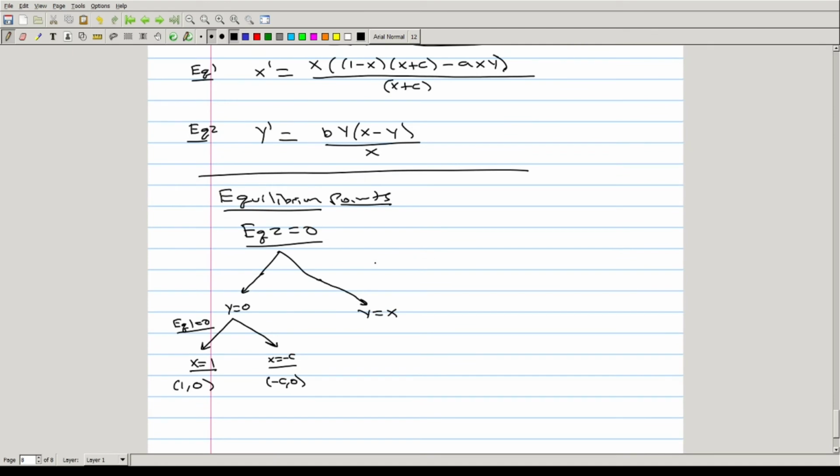Which means that 1 minus x times x plus c minus axy, which is just ax squared, left equal to 0 because y is equal to x.